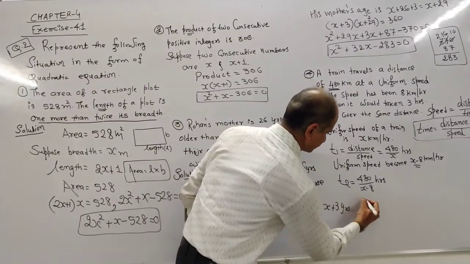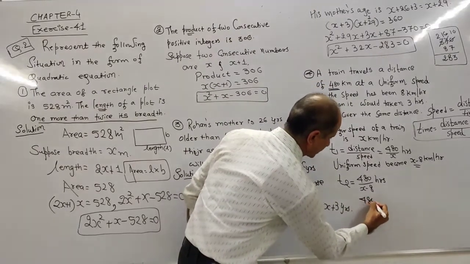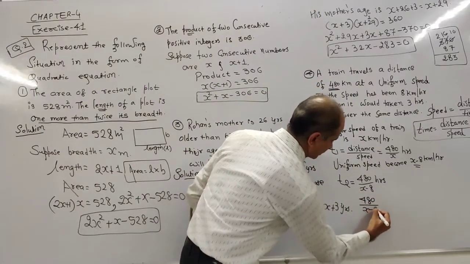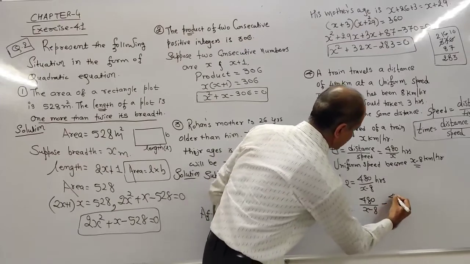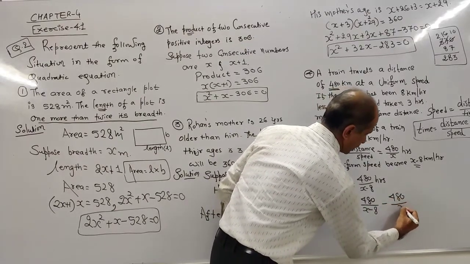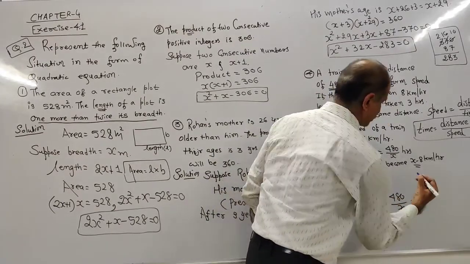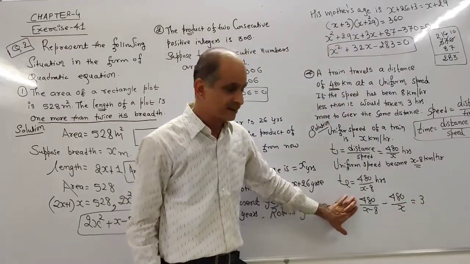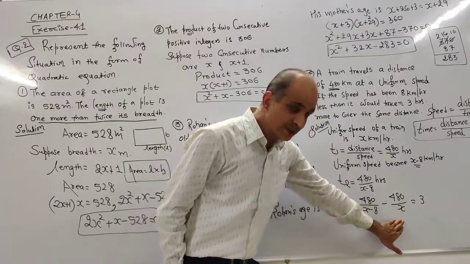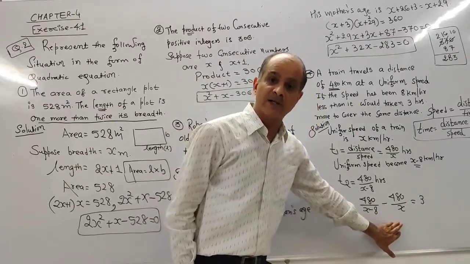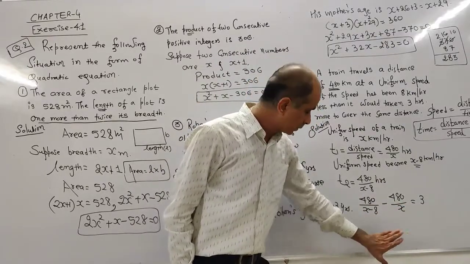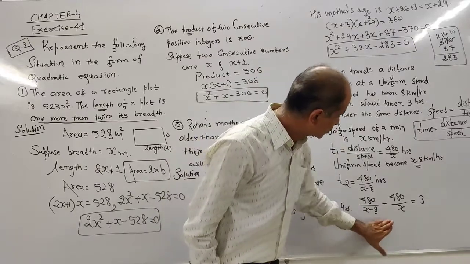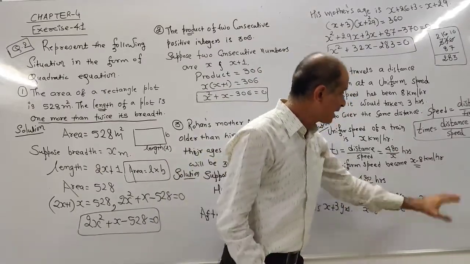So 480 upon x minus 8 minus 480 upon x is equal to 3. Because this is the time taken when speed is less, and this one is T1, the time taken when speed is more. So the difference between these two is 3 hours.